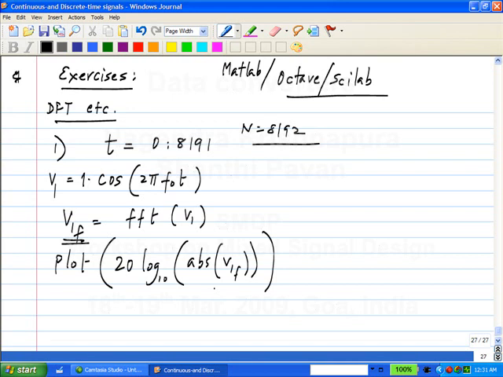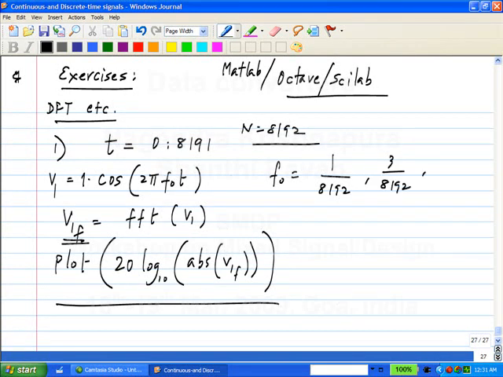Just play around with f0. So for instance, you can take f0 to be 1 by 8192, or let's say 3 by 8192, or let's say 5 by 8192, things like that. Okay. And you can try also f0 is 1.5 by 8192, 3.5 by 8192, 511.5 by 8192.